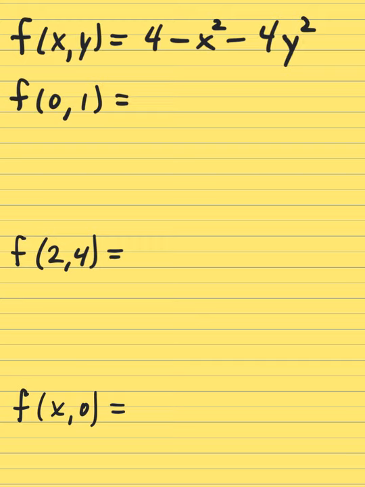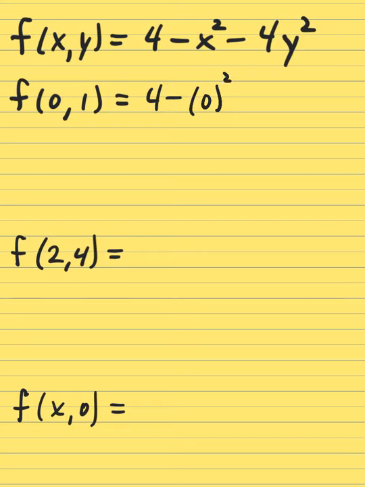This first function is a function of two variables, x and y. Whenever you're given a function like f of 0, 1, just match up your first number with x, your second number with y, and you can plug these directly in. For example, we have 4 minus 0 squared. It's very intuitive.